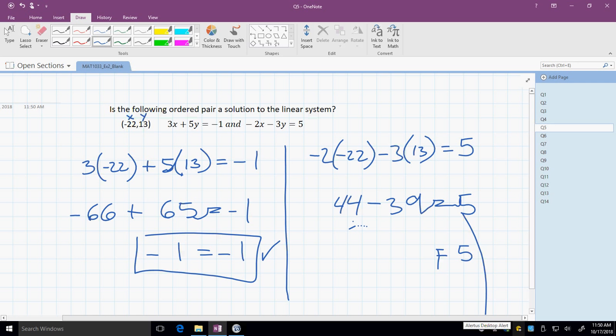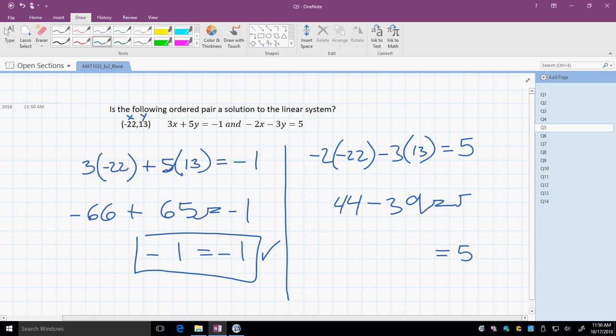Sorry, the pen is doing something weird. Let me see if I can fix it. Okay. Yes, the 44 is positive because a negative times a negative gives me a positive. And then a negative times a positive gives me -39. The signs are different, so I'm going to subtract and keep the sign of the largest number.